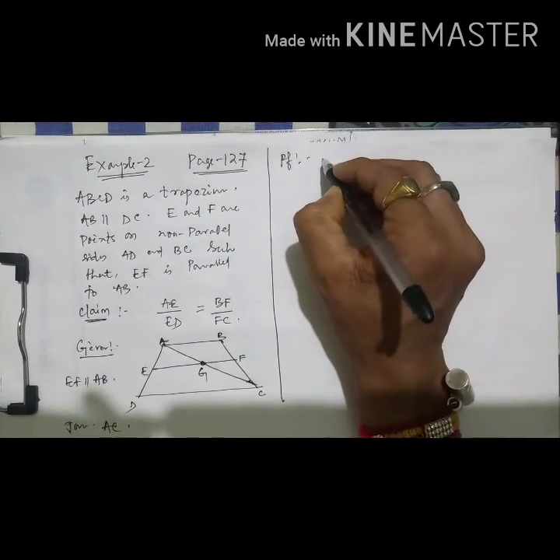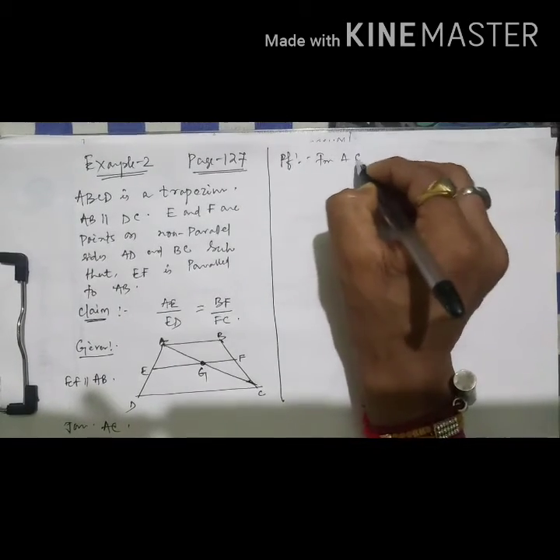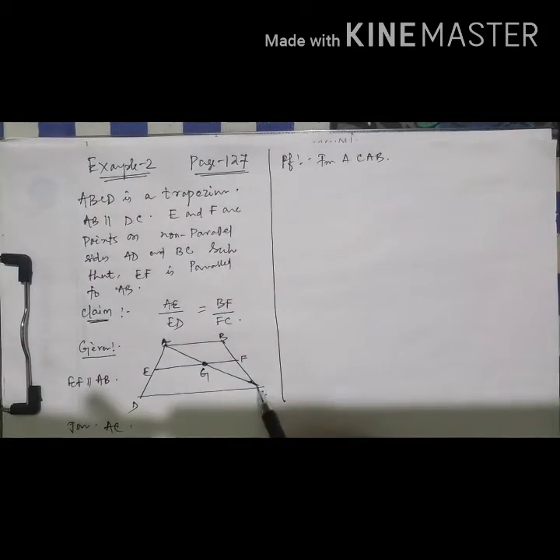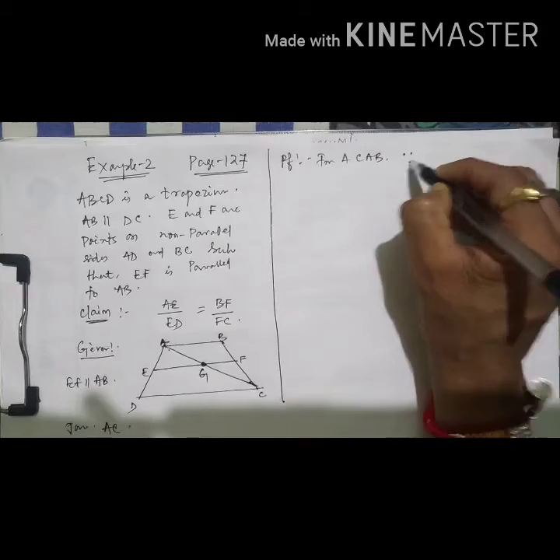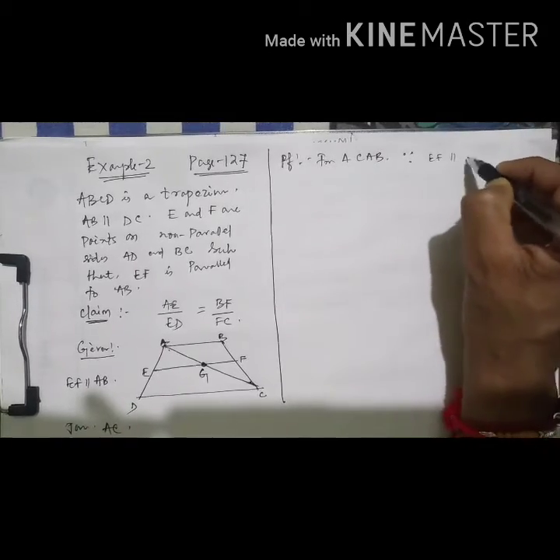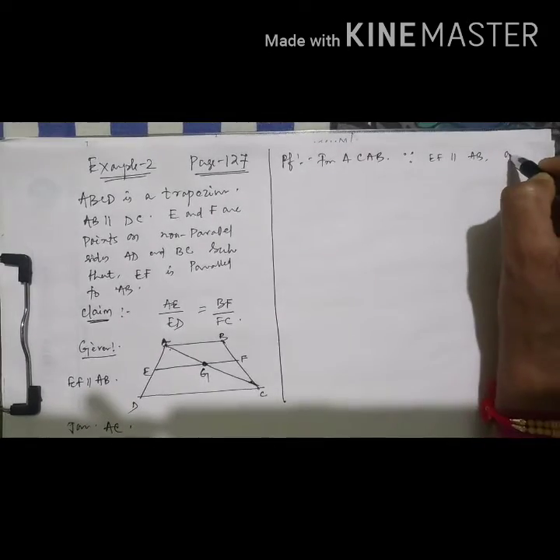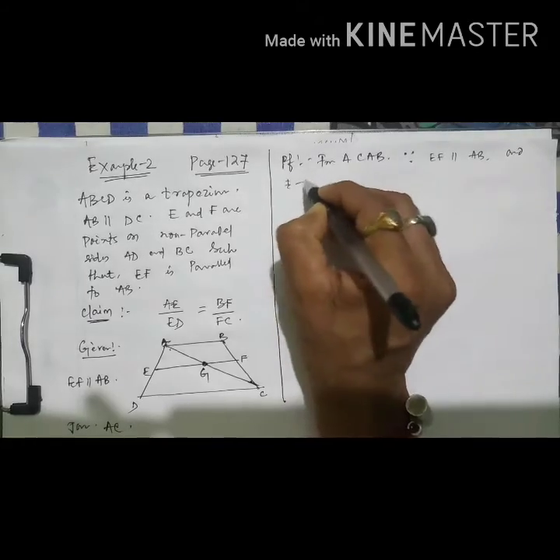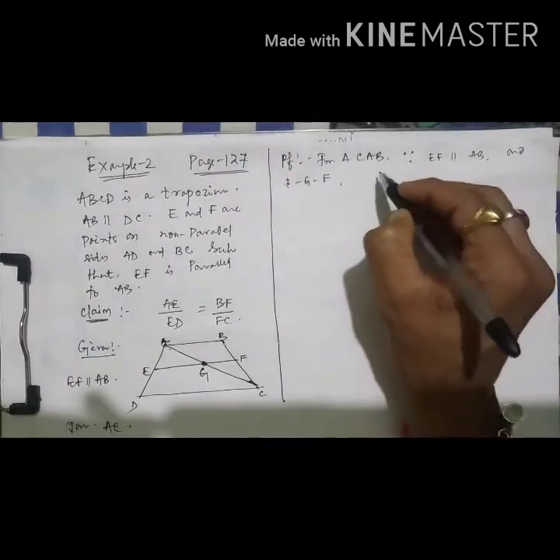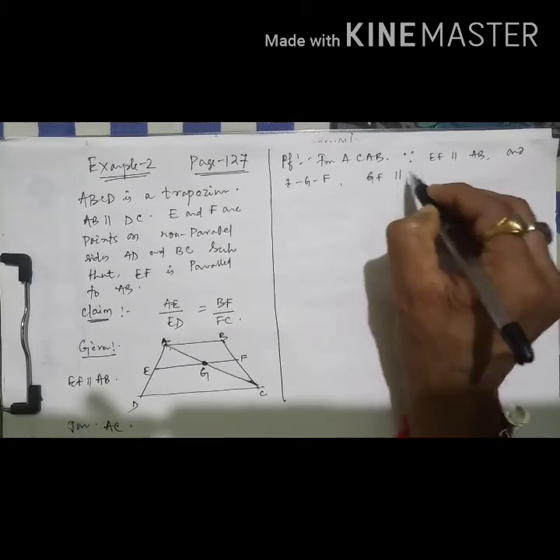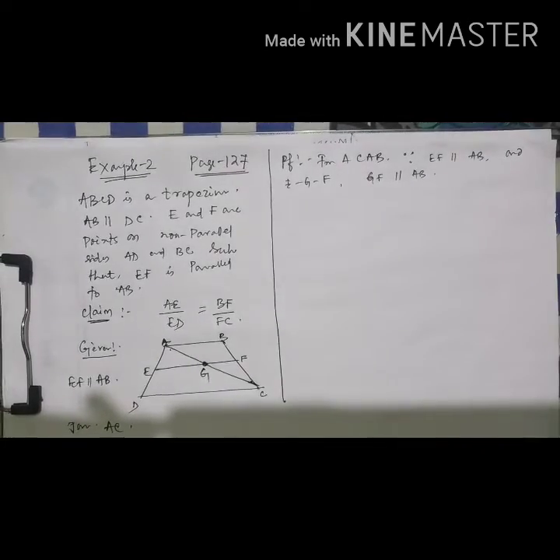Next come to the point from triangle CAB. Hence EF parallel to AB and EGF all are in the straight line, then we can write that GF parallel to AB.